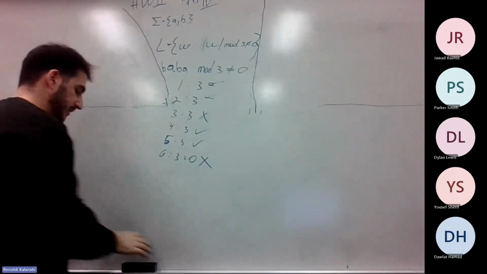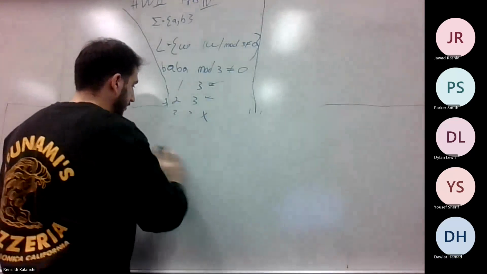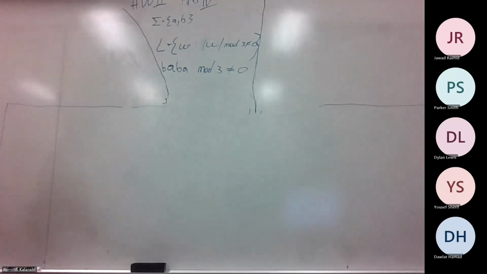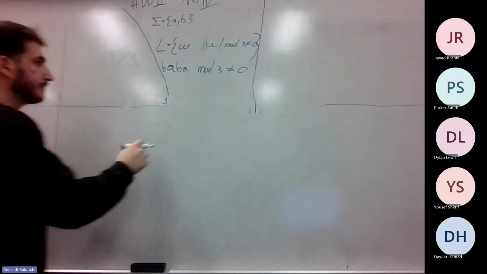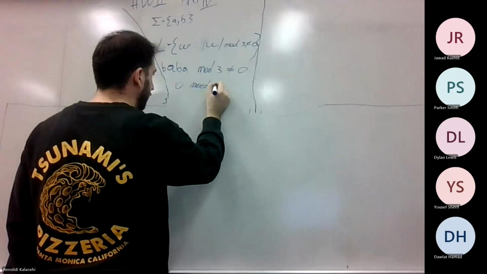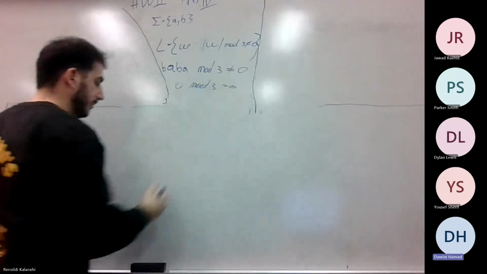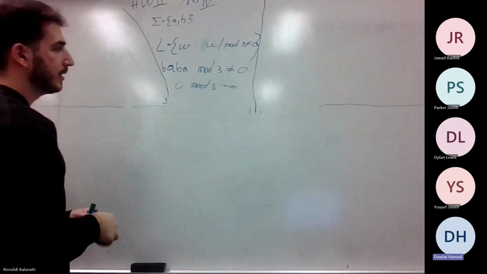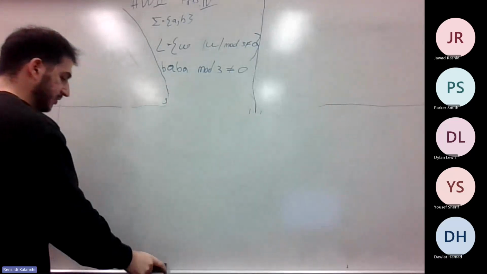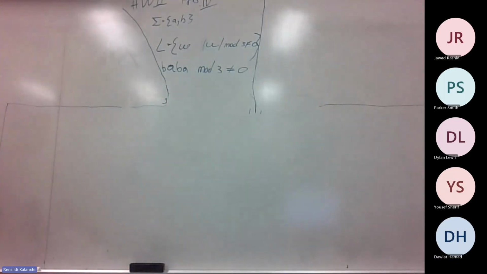How can we do that? Also, 0 mod 3 is 0. That means the initial state is going to be a final state.